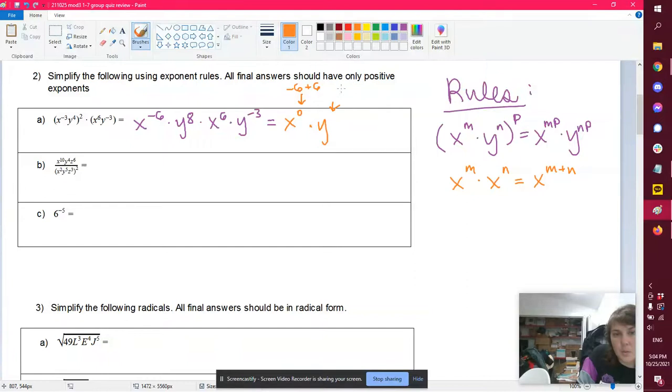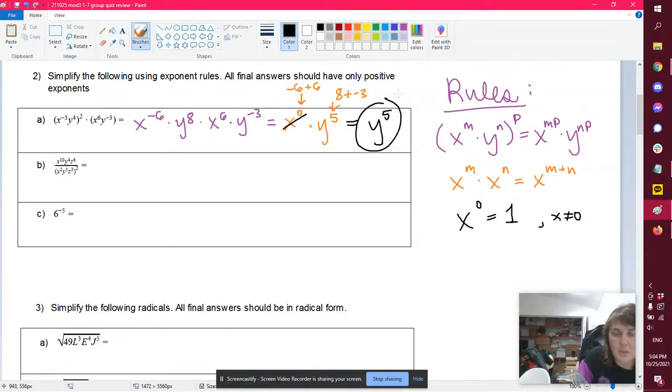And for the y's, we get 8 plus a negative 3, which is positive 5. The last rule that's important is when x is not equal to 0, which is most always, x to the power of 0 is 1. So we basically just get to cross out anything to the power of 0 and leave it out of our final answer because we're just multiplying by 1.